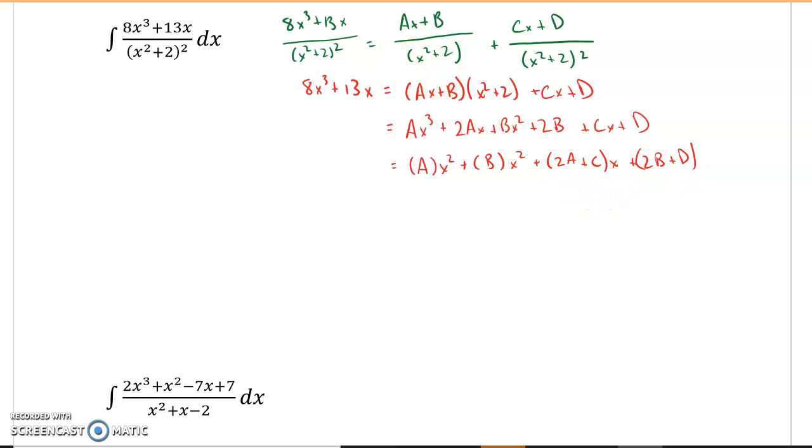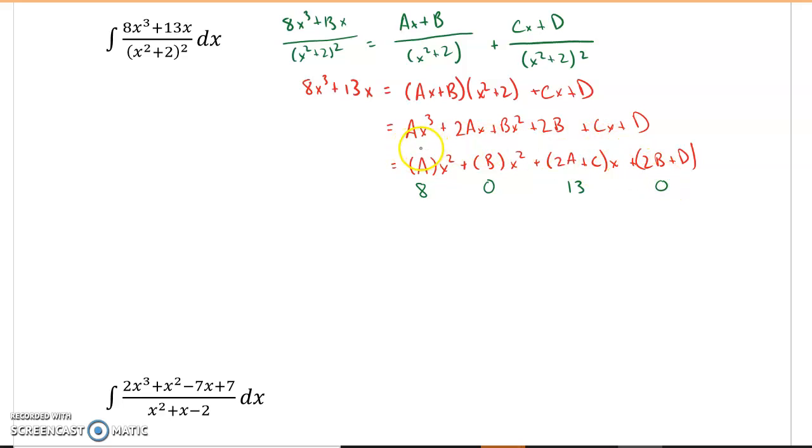So that gives us our coefficient of 8 for x cubed. Our coefficient for x squared is 0. We have 0x squared. That makes things easier. We've got 13 for our linear coefficient, and we've got 0 for our constant.